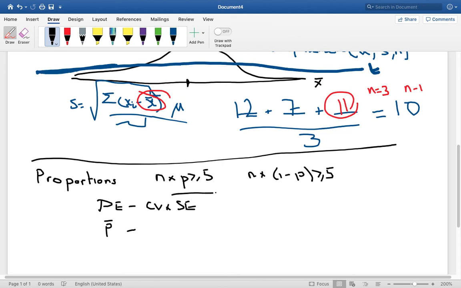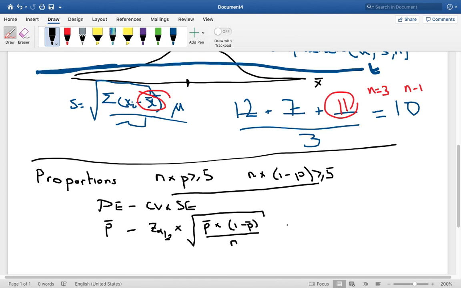Well, once this is true, this means we have a normal distribution, so this is just going to be z of alpha over 2, and we're going to multiply that by the standard error. If you remember what the standard error is, for a proportion it's going to be the square root of p bar times 1 minus p bar, divided by n. And the upper limit is going to be exactly the same thing over here.